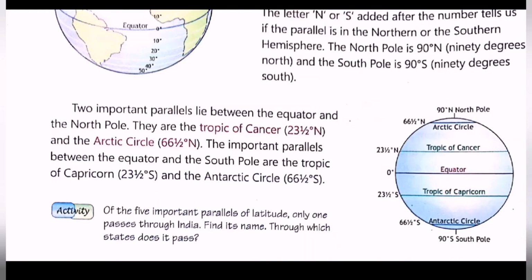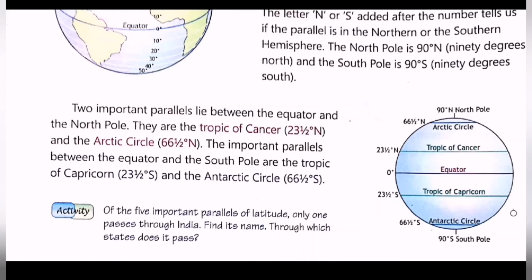The important parallel lines between the equator and the north pole include the Tropic of Cancer. Now you can see the picture on the right side. In the middle we have 0 degree, the equator, which is the longest parallel.